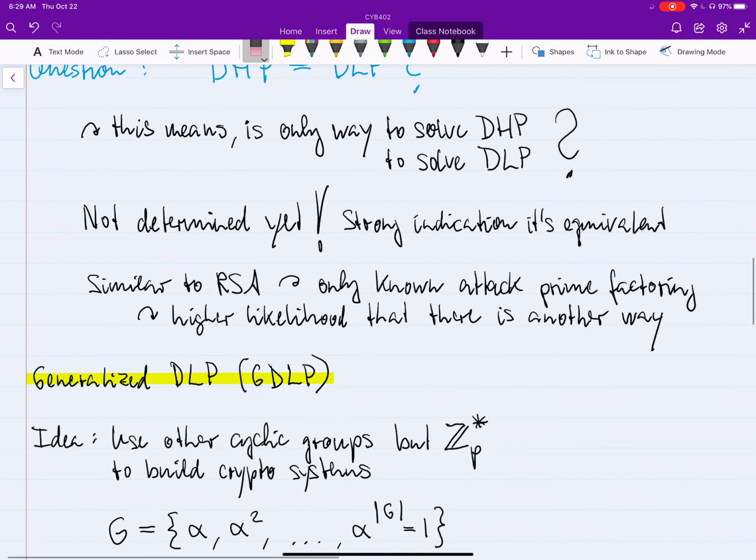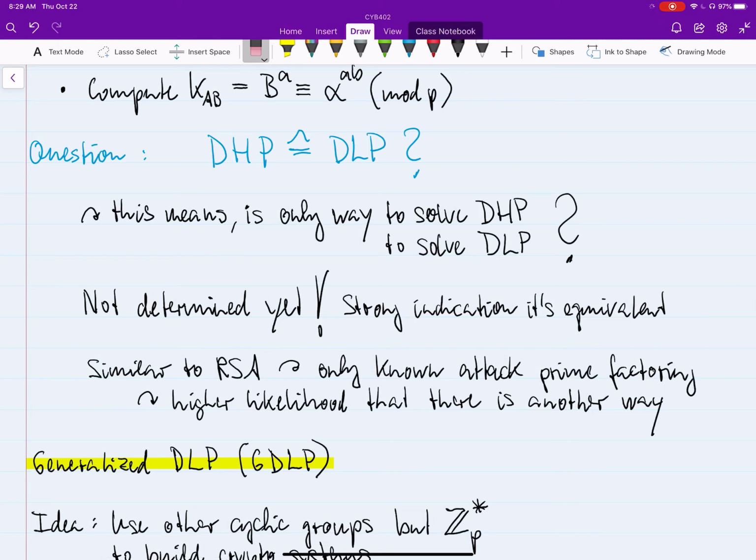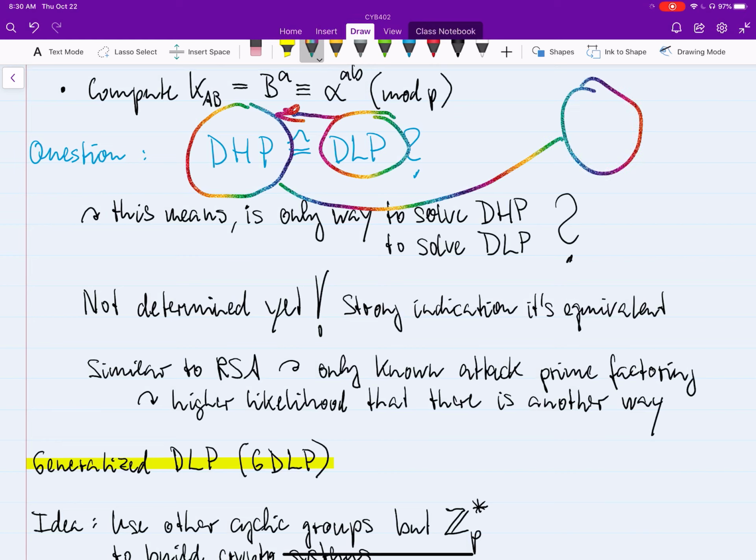So in other words, there is no other way to solve the Diffie-Hellman problem but bypassing the difficulty of the discrete logarithm problem. Of course, an attacker would like to avoid that hardness and look for other ways to solve the Diffie-Hellman problem, not only by tackling the discrete logarithm problem, but maybe by some other way of solving this problem.